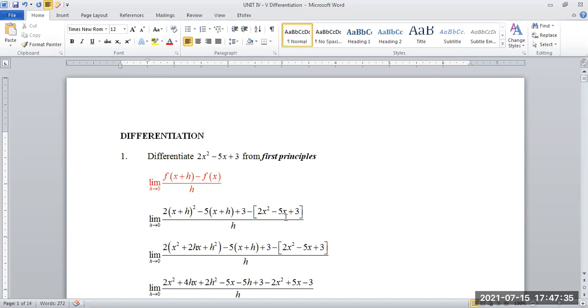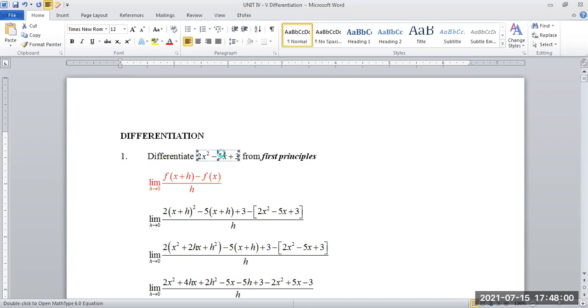I'm looking at an increment, and that increment will tell me what change is taking place. And then when I have that change, I'm going to subtract my f of x.